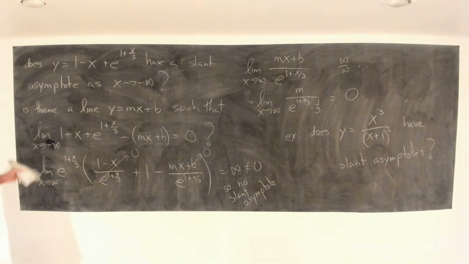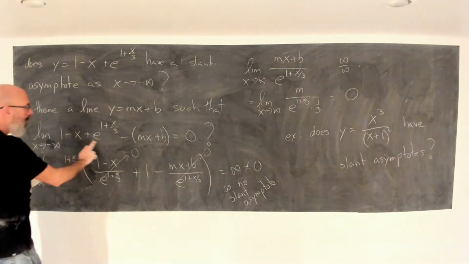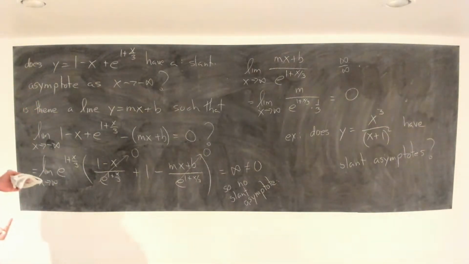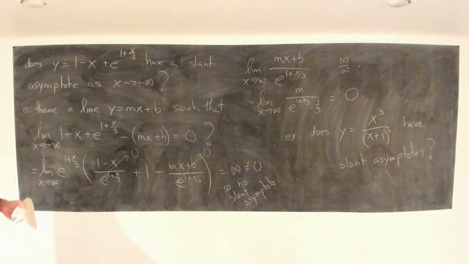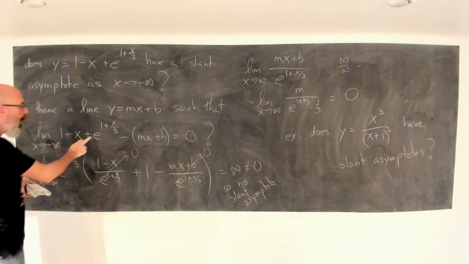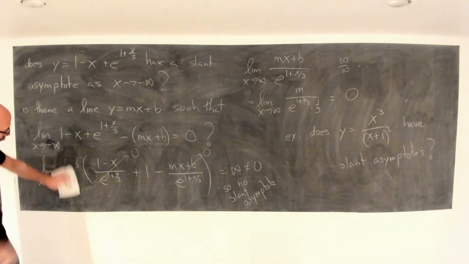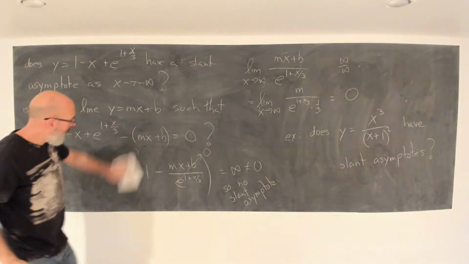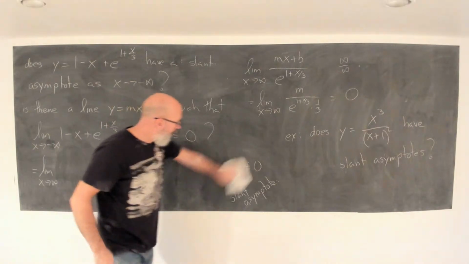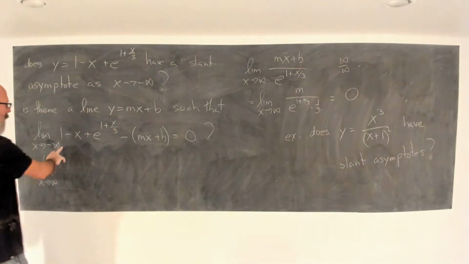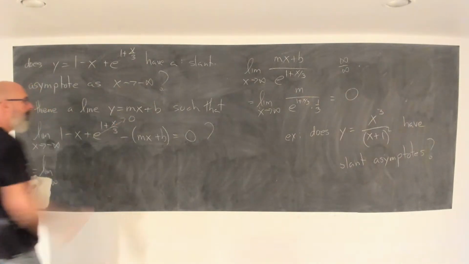But now, as x goes to negative infinity, this does not go to infinity. This goes to 0. That is not the dominant term anymore. So you're not going to factor it out. Instead, as x goes to negative infinity, this goes to 0.